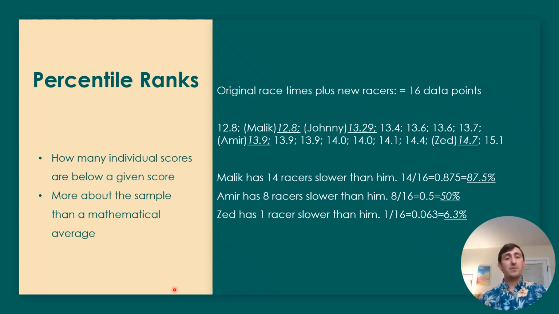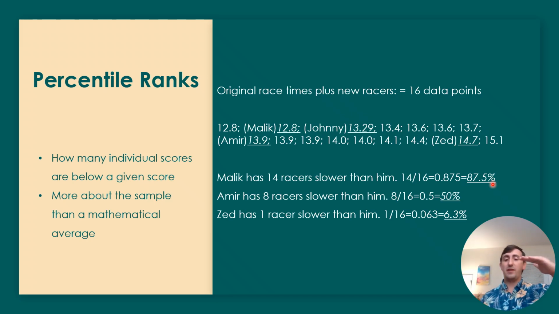Now, the fun thing about percentile ranks is you can invert them and still get more information, right? So for Malik, he is an 87.5 percentile rank. So if we take 100% minus 87.5, if I do my math right, I believe that is 12.5%.